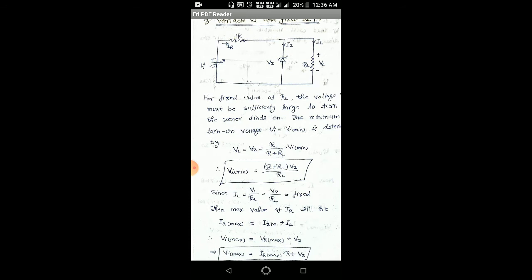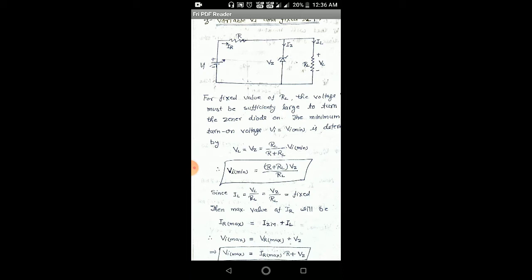By the voltage divider rule, Vz equals RL upon R plus RL into Vi minimum. So Vi minimum equals R plus RL upon RL into Vz. Since RL is fixed, the load current through the load resistor is fixed.